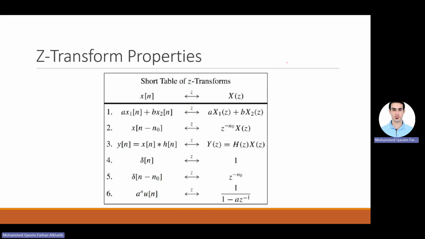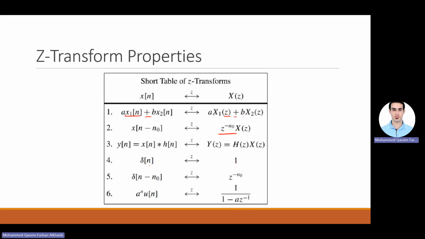So using the tables, this one is basically the linearity principle. In the z transform, the coefficients stay outside, so X of z, and plus is plus, and you have the weighted coefficients there. Delay in the time domain will cause multiplication by an exponent in the z domain. Convolution in the time domain will cause multiplication in the frequency domain.